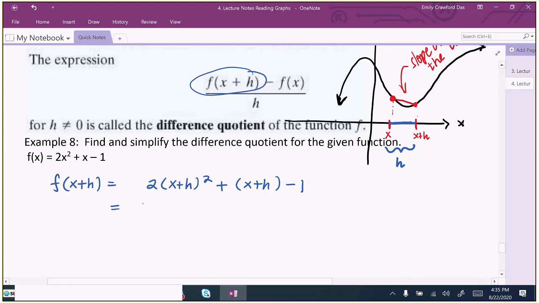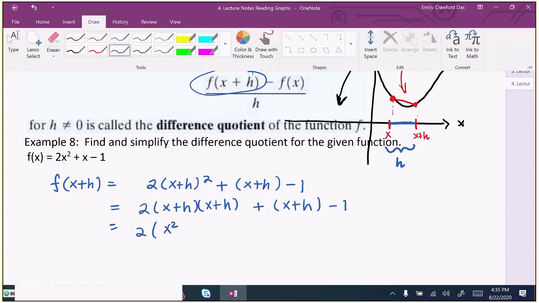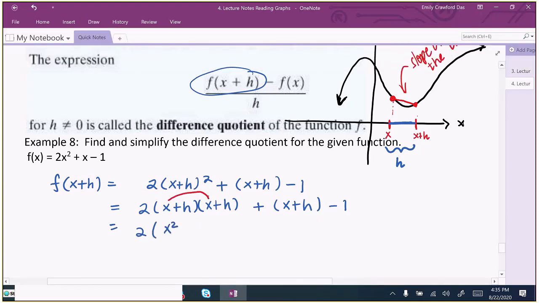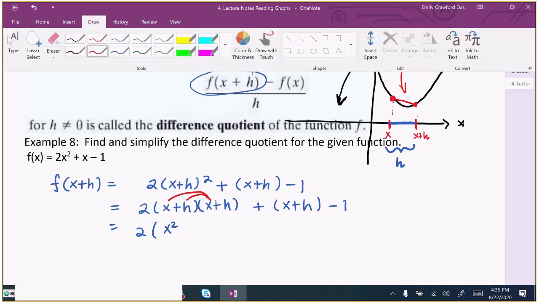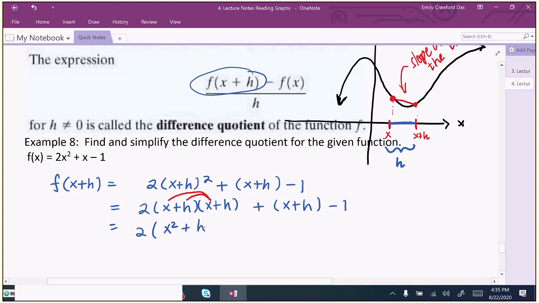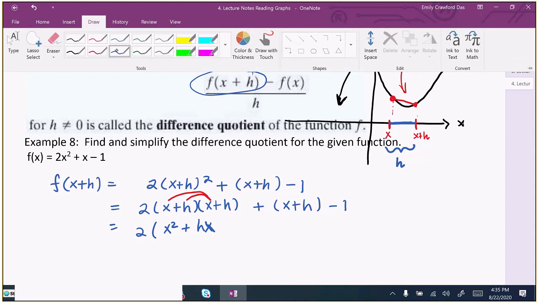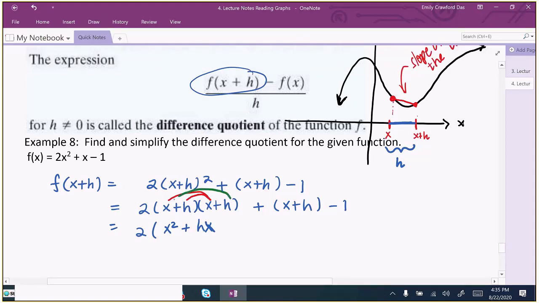So let's go ahead and multiply this x plus h times x plus h. So that's going to be 2 times x times x is x squared. Then we have h times x, and then we have h times x, and h times h.